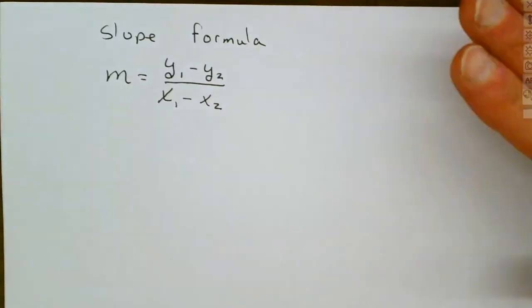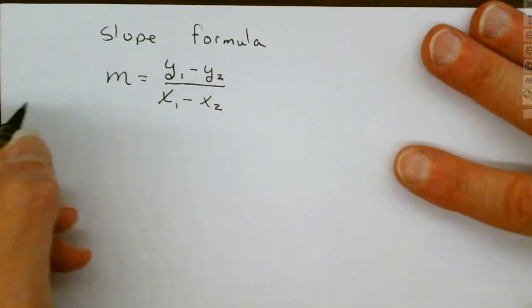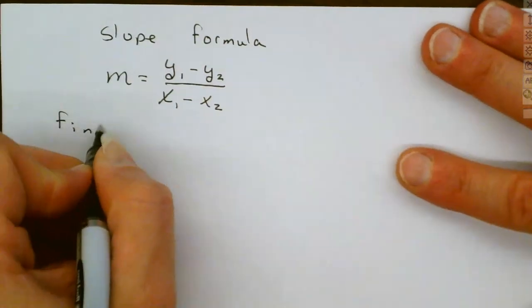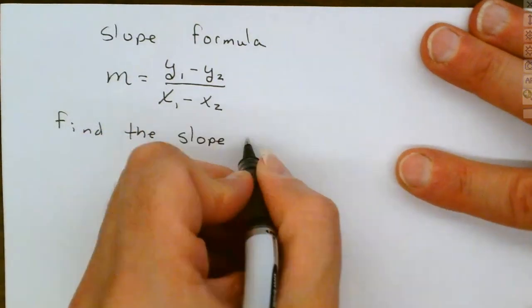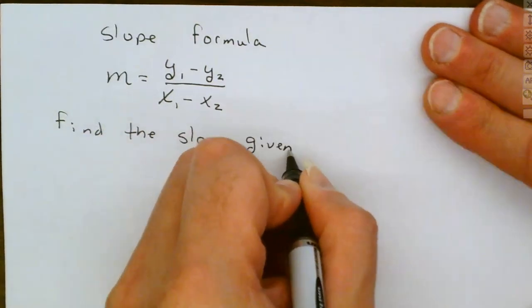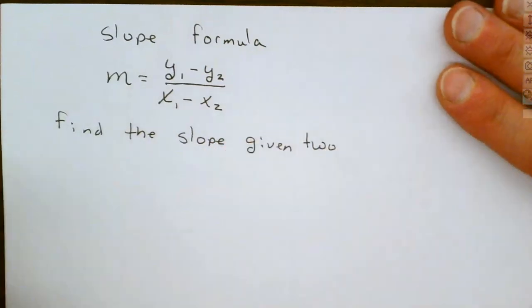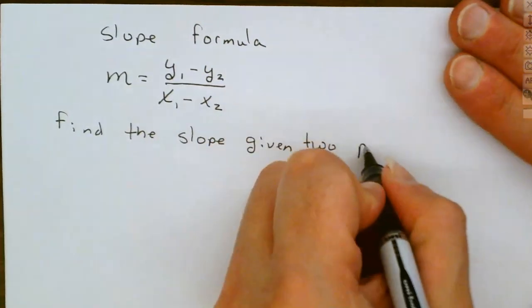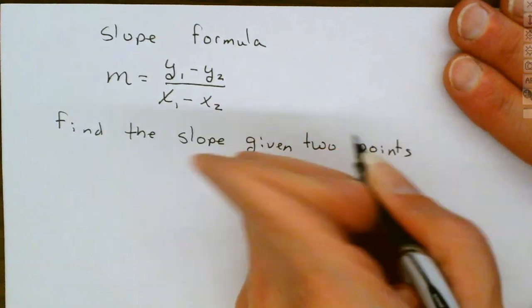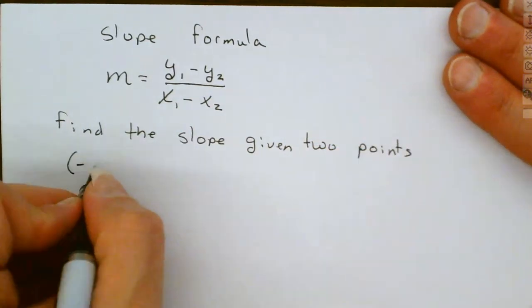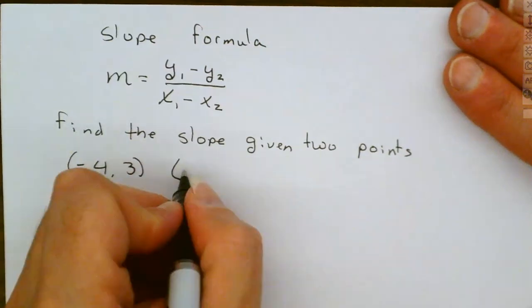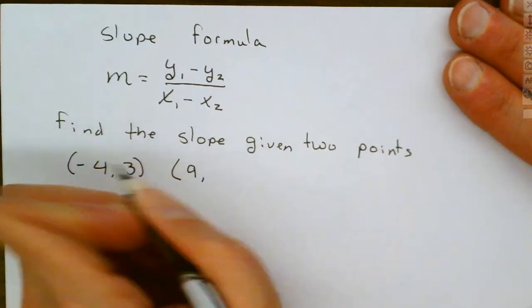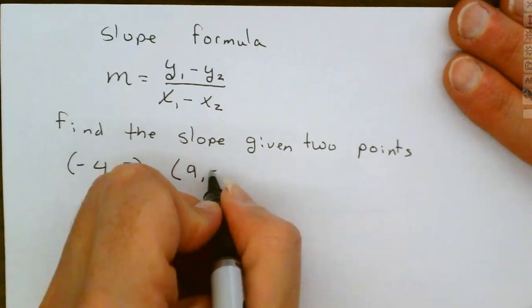Now let's go ahead and find the slope when I give you 2 points. So we're going to find the slope when you're given 2 points: -4, 3, and 9, -8.